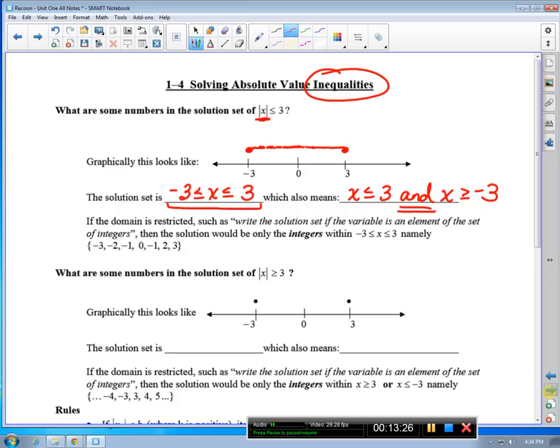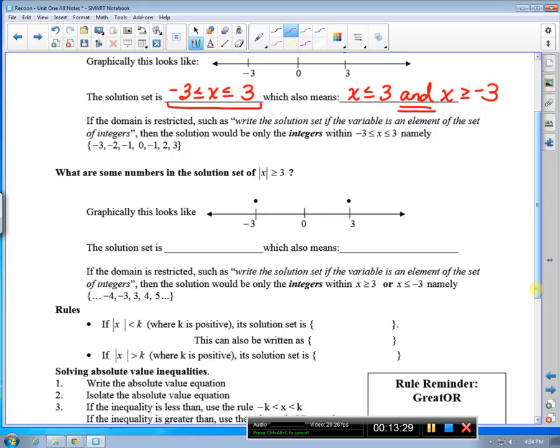This is just a matter of reading carefully, because if the book asks you for just the integers between negative 3 and 3, or to give solutions that are just integers, then I actually just have to list the integers from negative 3 to 3. Whereas this type of a solution contains all the decimals as well and every little fraction between there.